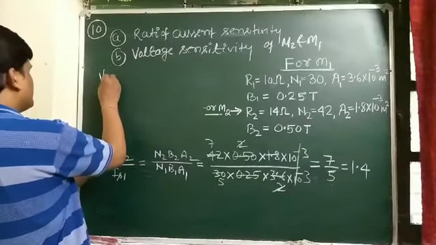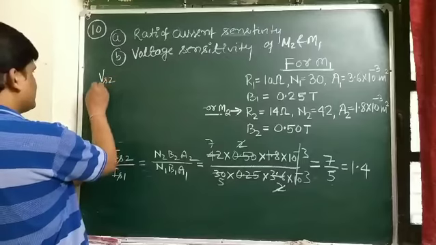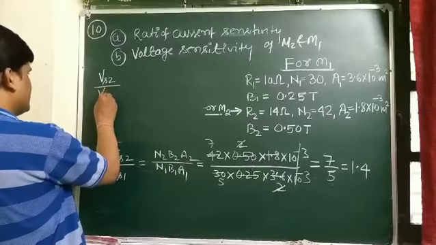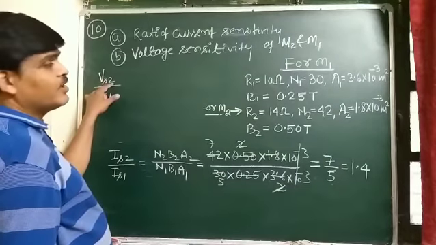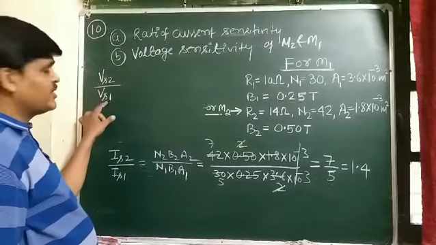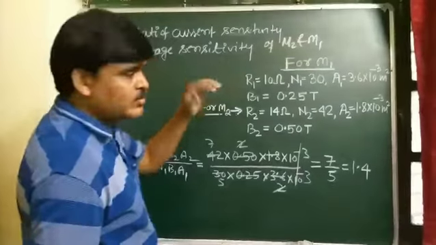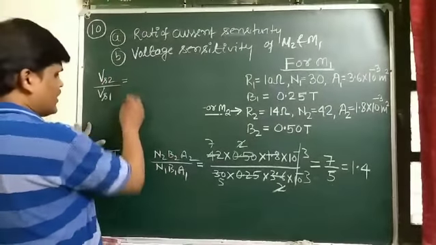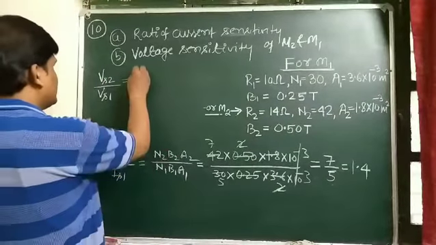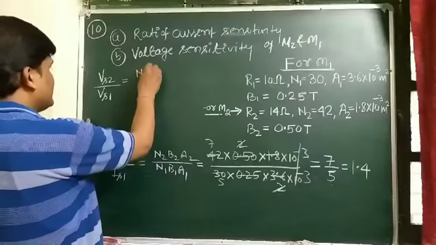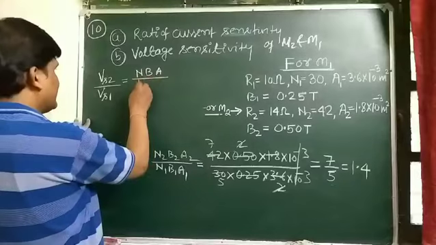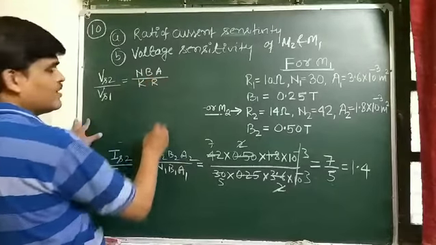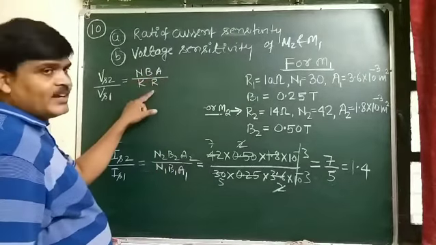Vs2 by Vs1, voltage sensitivity of meter 2 to voltage sensitivity of meter 1, and the formula for voltage sensitivity is NBA by KR.